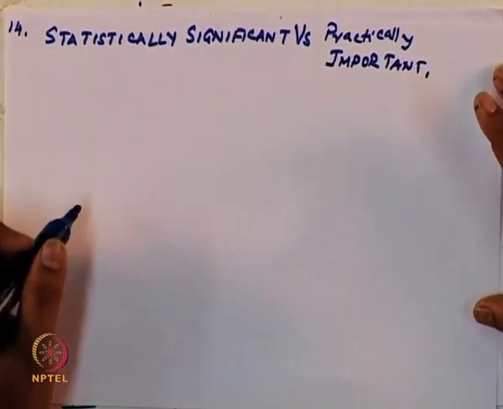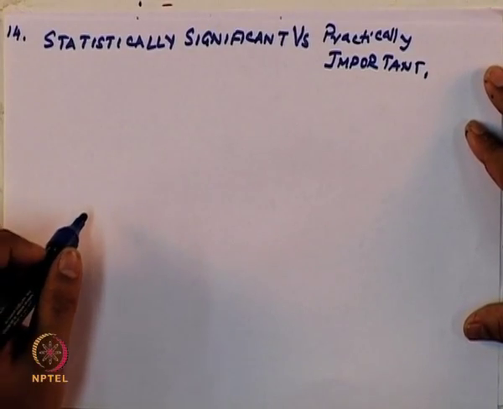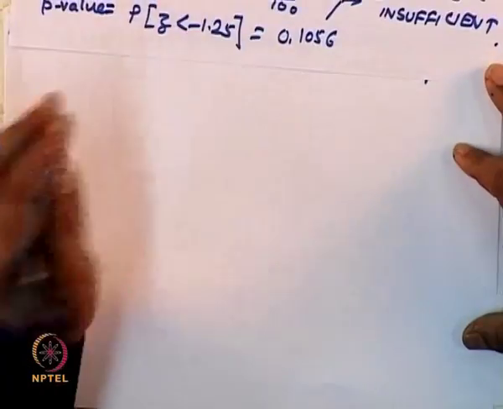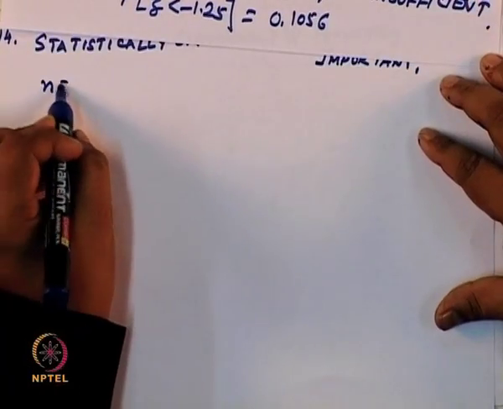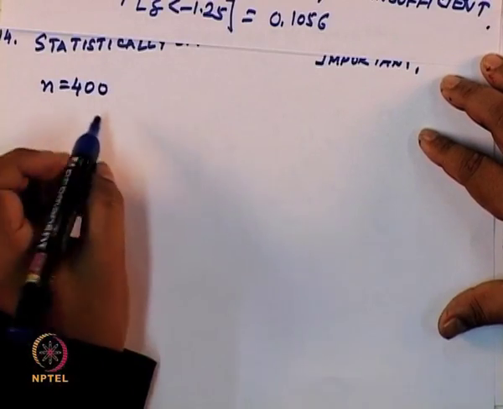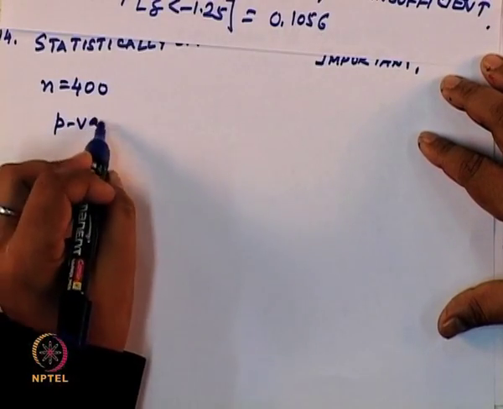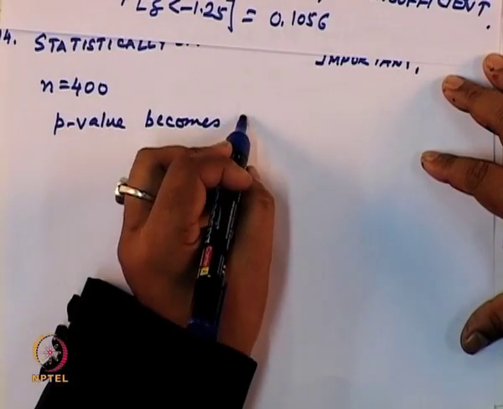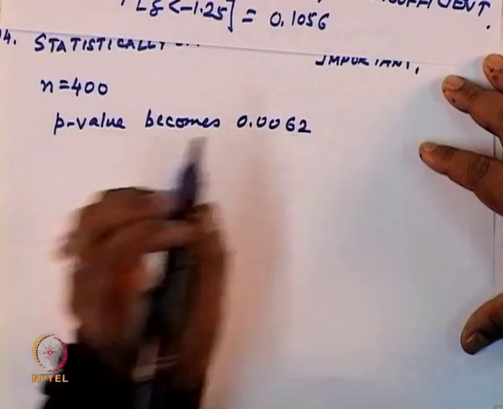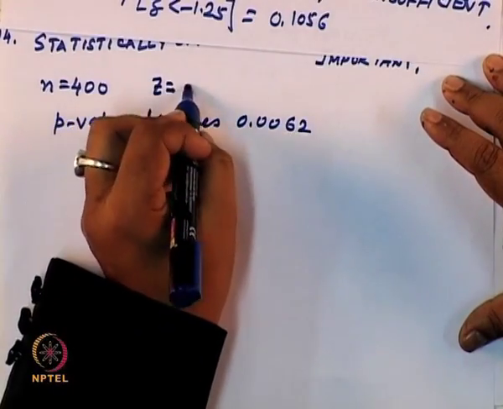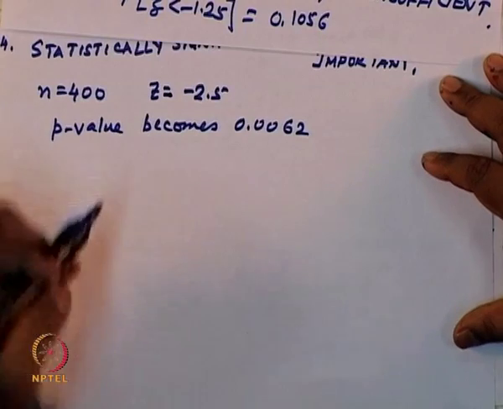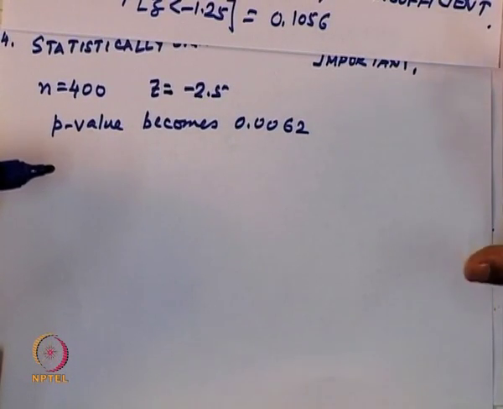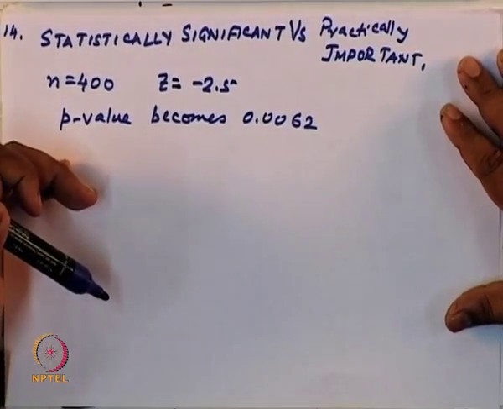In the above case, if let us say you increased your n to 400, then your p value becomes 0.0062, because your z becomes minus 2.5. So, now it is significant, but it may not always be practically important. For this, you need to see your specific case.